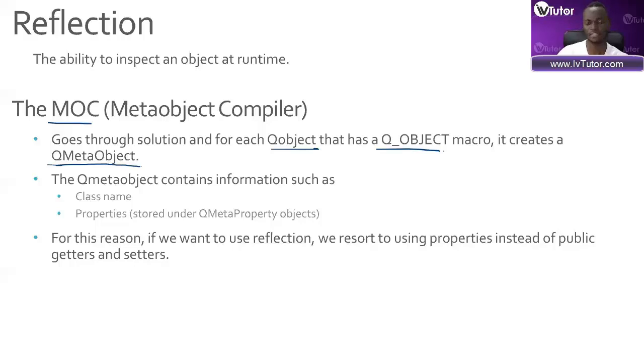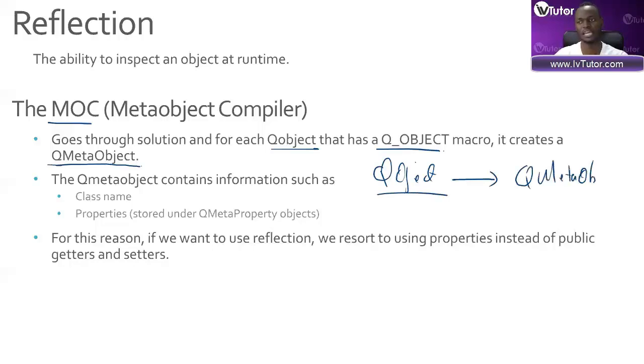The QMetaObject which is generated is the one that contains the metadata about the object. So you've got a Q object here, and for this Q object, your MOC generates a QMetaObject, and it is this one that contains information about the Q object.